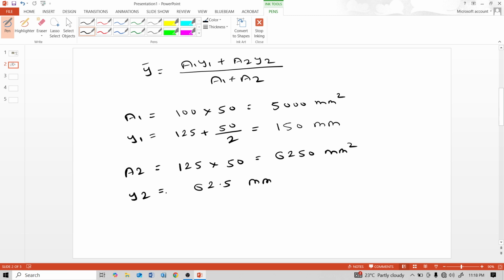Put these a1, y1, a2, y2 values in the y bar equation. Therefore y bar is equal to a1 is 5000 multiplied by y1 is 150 plus a2 is 6250 multiplied by y2 is 62.5, divided by a1 plus a2, that is 5000 plus 6250. So 101.39 mm is the centroidal distance of this T-beam.